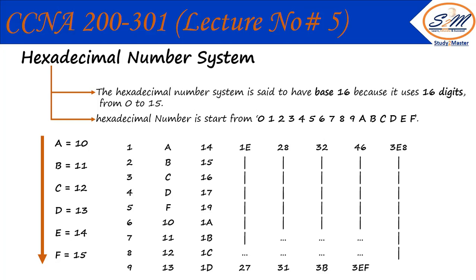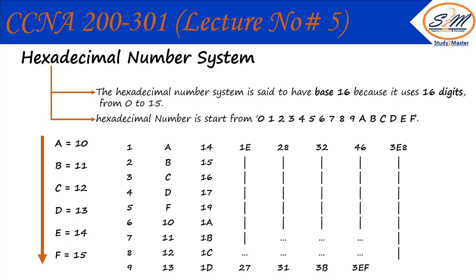So A is equivalent to 10, B is equivalent to 11, C is equivalent to 12, D is equivalent to 13, E is equivalent to 14, and F is equivalent to 15. So in hexadecimal, we have 16, 17, and so on.